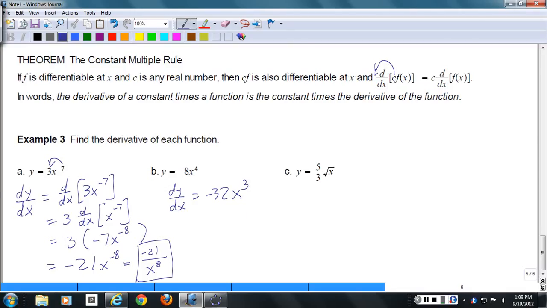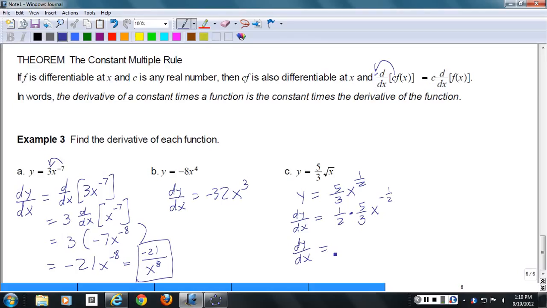And the next one, let's see, probably want to work on that a little bit. y equals 5/3 x to the 1/2. So dy/dx equals 1/2 times 5/3 x to the negative 1/2. Subtract 1 from the exponent. And so dy/dx, can I do two or three things at once?